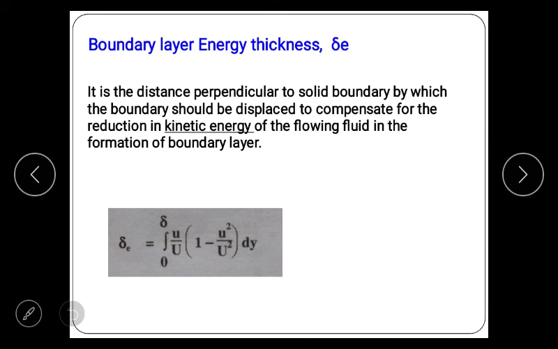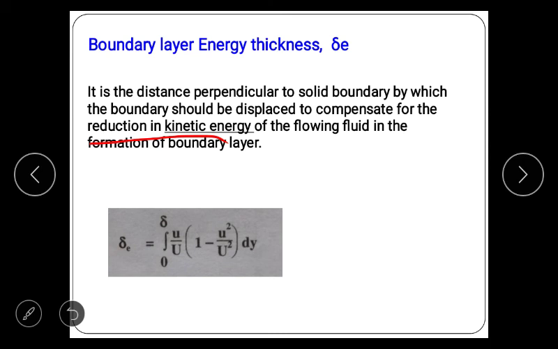It is to compensate for reduction in kinetic energy of the flowing fluid in the formation of boundary layer.